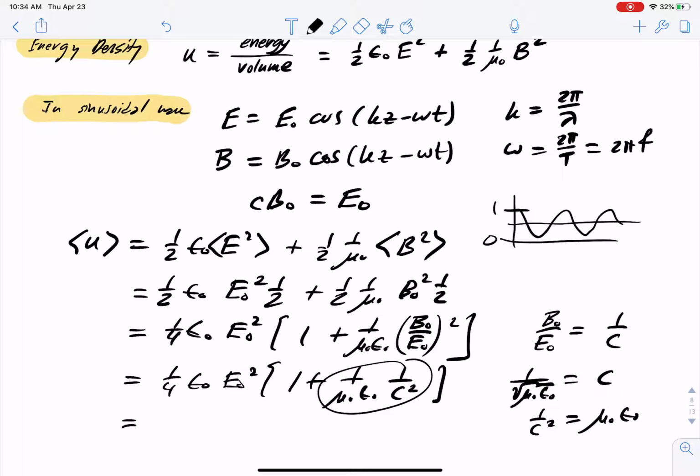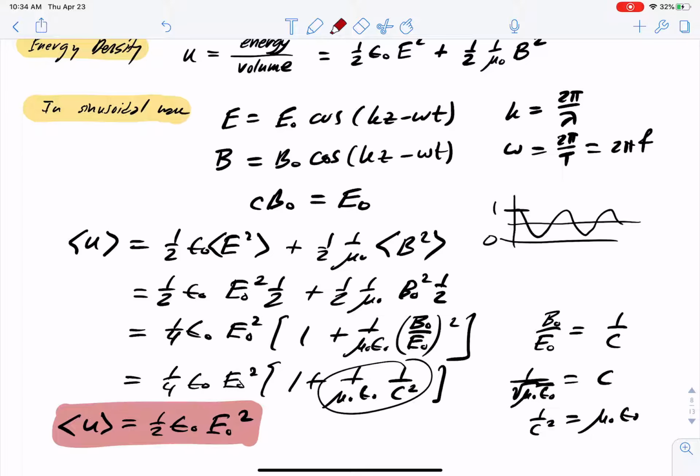So in the end, we can get the average energy density as just the maximum electric field strength squared, times epsilon naught times a half.